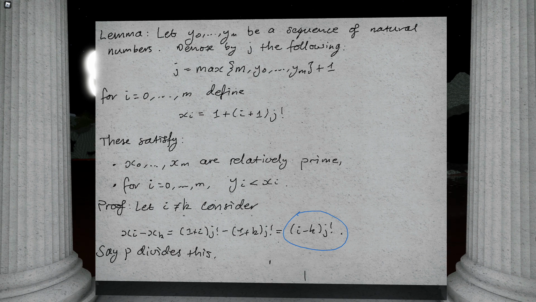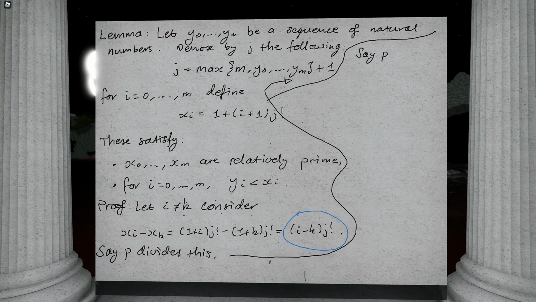So let me write that on the board. Say p divides (i minus k) times j factorial. We notice that i minus k is at most n, and we chose j to be greater than n.